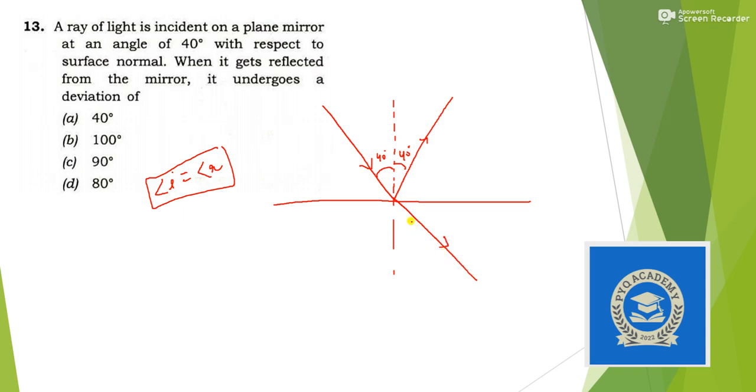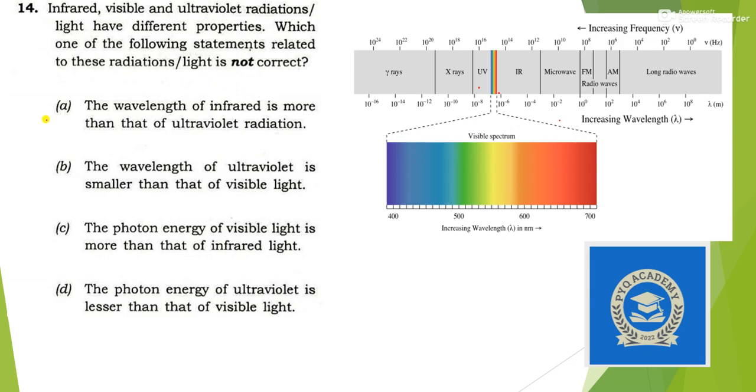So now there is a deviation of this angle, so this is nothing but 180 degree minus (40 plus 40, 80), so it is 100 degree. That means by reflection, the ray deviated by 100 degree. So our answer is option B. Okay, let's move to next question.